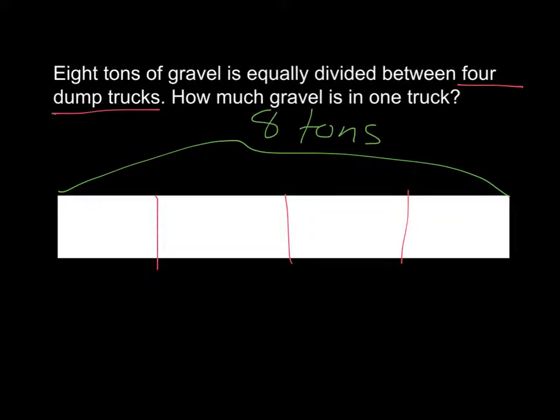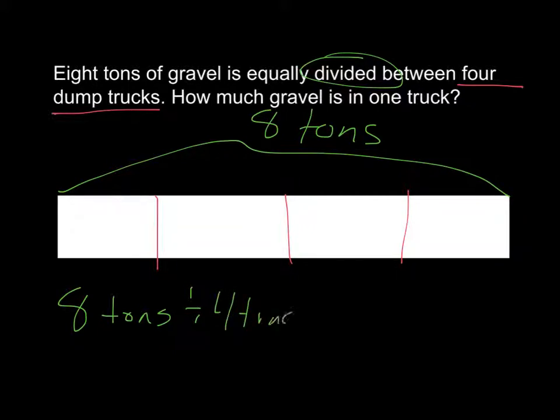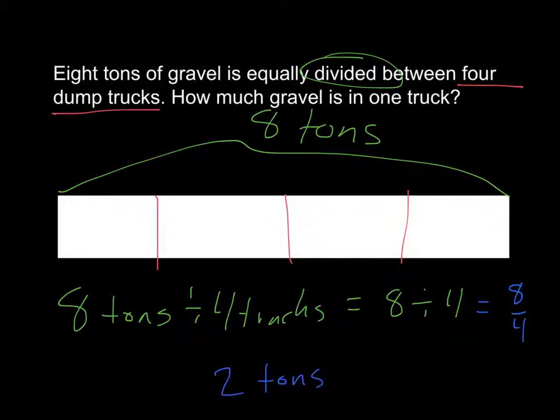So what I'm doing is I'm dividing, which it says here, 8 tons by 4 trucks, which is the same as 8 divided by 4, which is also the same as 8/4. And when we solve this problem, we find that there are 2 tons in each truck.